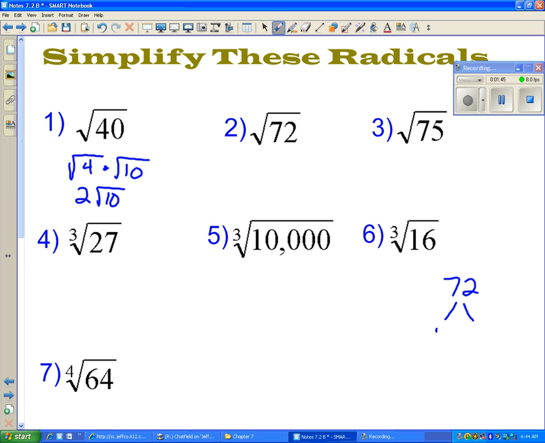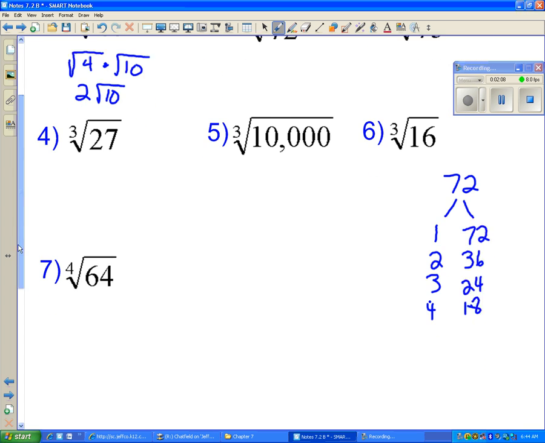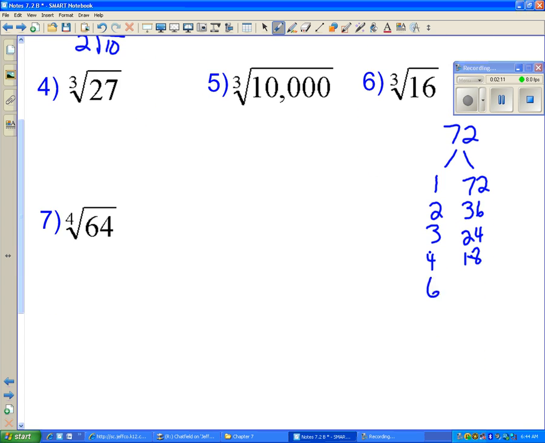My factors of 72 are 1 and 72, 2 and 36, 3 and 24, 4 and 18. 5 doesn't go into it. 6 and 12. 7 doesn't go into it. 8 and 9, and then 9 and 8. And so those are all my factors of 72.